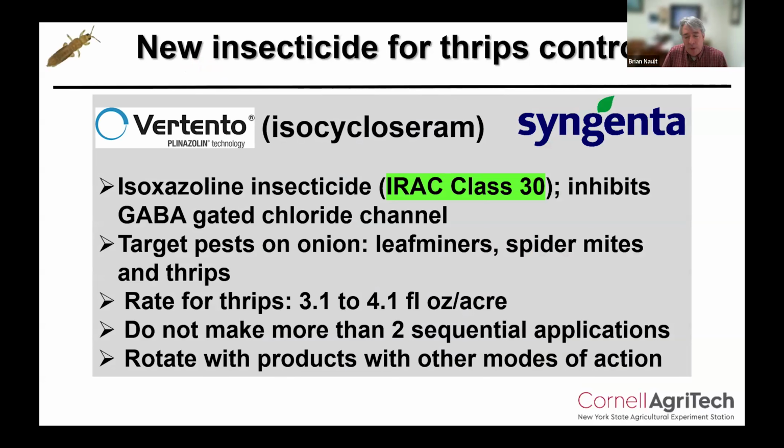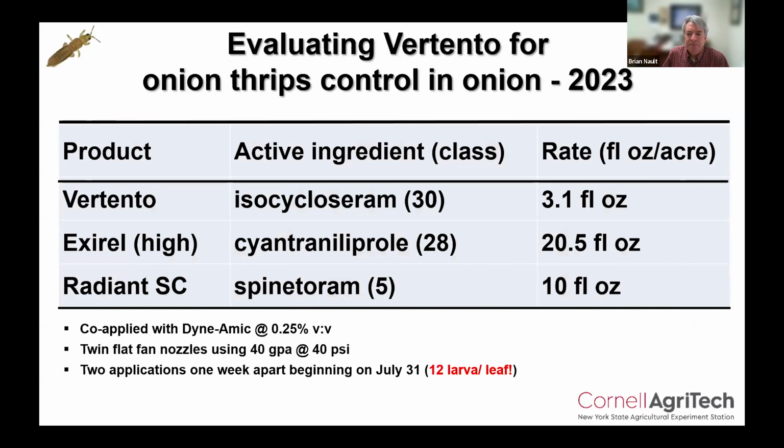And I don't know about you all, but we get spider mite issues when it's hot and dry, like last year. The rate on the label is 3.1 to 4.1 fluid ounces per acre, and it indicates don't make more than 2 sequential applications per season. I'll talk more about the separation of those 2 sequential sprays in a few minutes as well. And then, of course, rotate with other products, different modes of action.